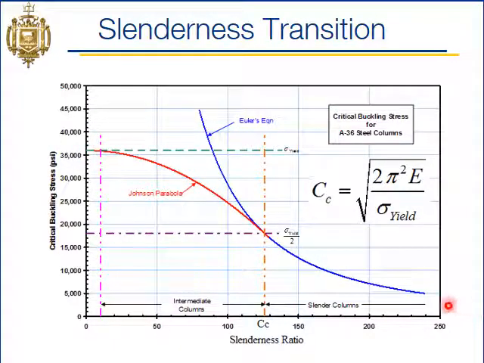If our slenderness ratio is out here at about 240, we're down to a critical stress of about 5,000 psi, so 7 times less than if that column were considered short. The next slides are going to show us how to calculate the exact critical stress based on the slenderness ratio.